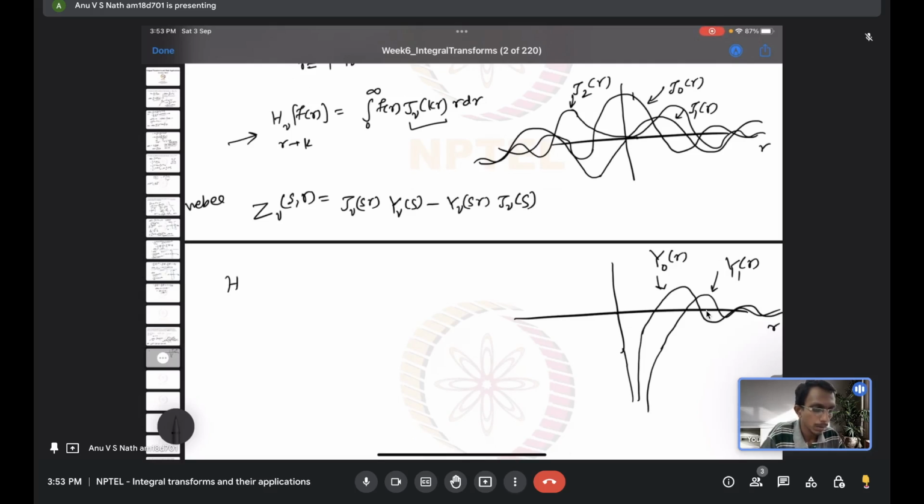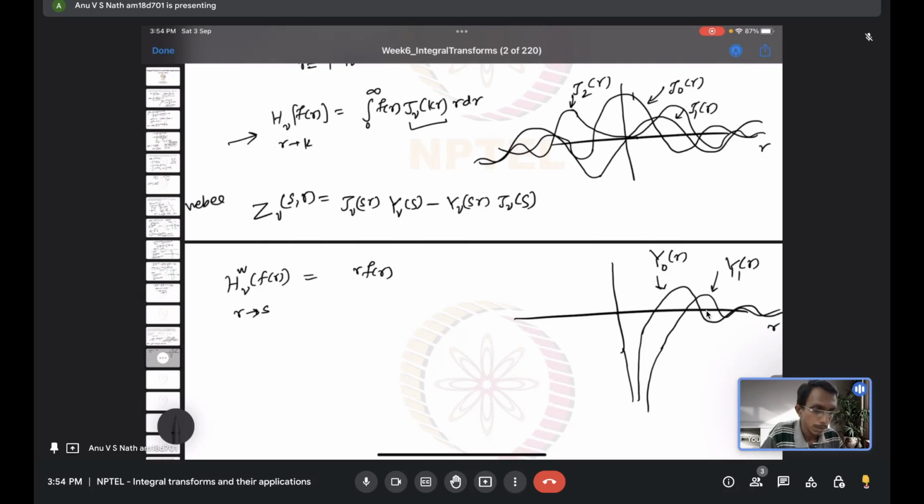Let's say I will write it as the Hankel transform. It's a modified Hankel transform with a W here denoting the Weber transform of index nu of some function f of r. So let's say r to s, I am changing the variables. Okay, so this transform is defined as, like earlier, the integral of r times f of r.